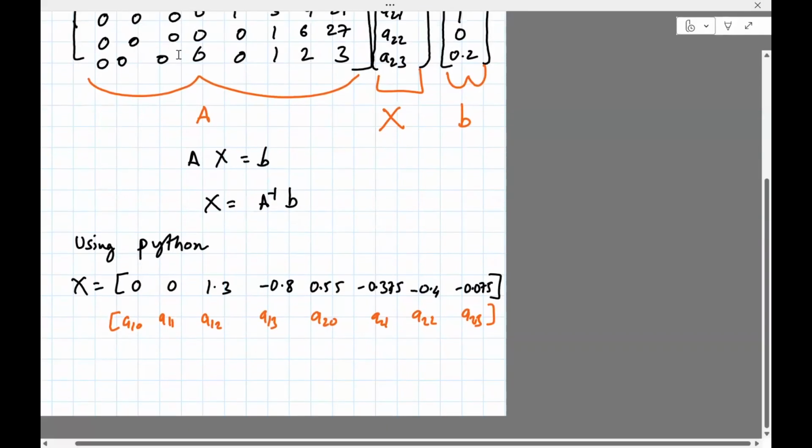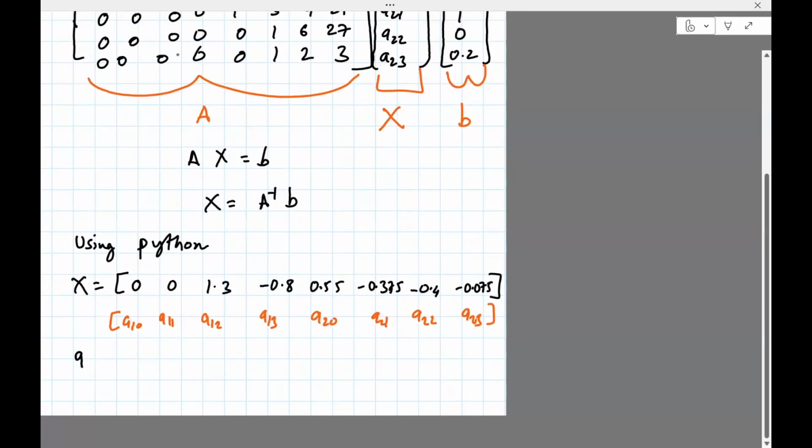And then you can obviously get the Q1, which is A10. I just did not write it down, but you get Q1 and Q2 from that.